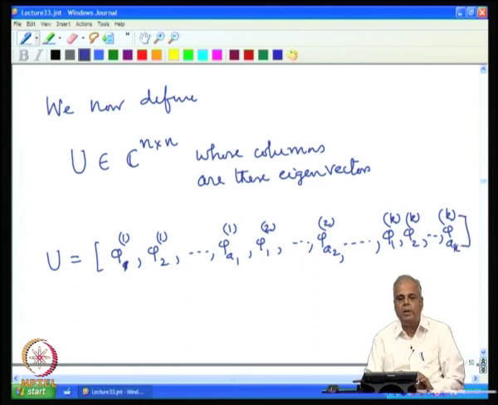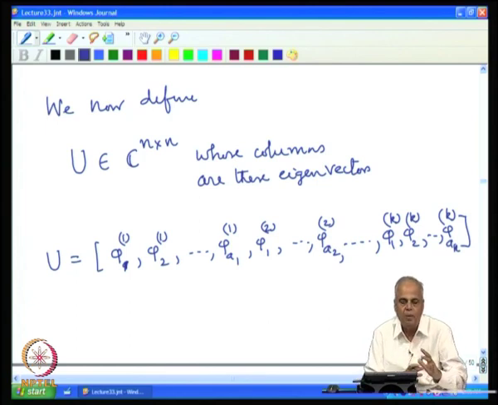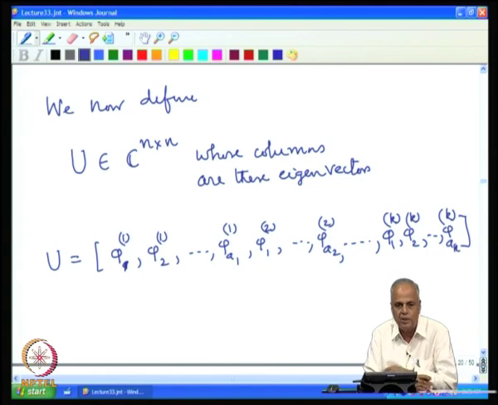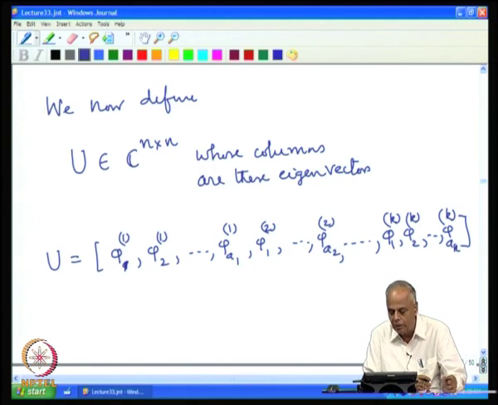So, this U matrix is made up of the orthonormal eigenvectors of A.